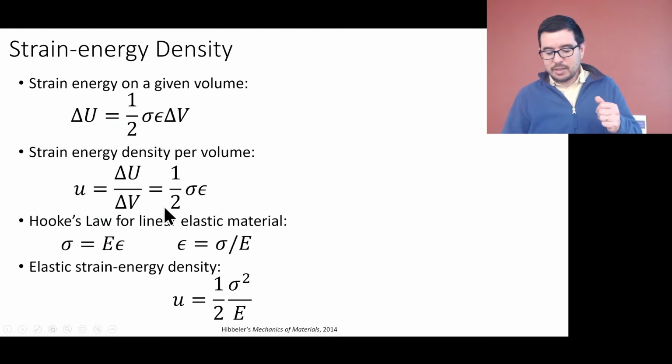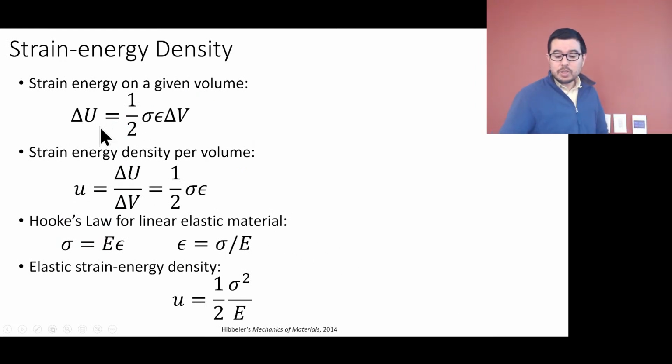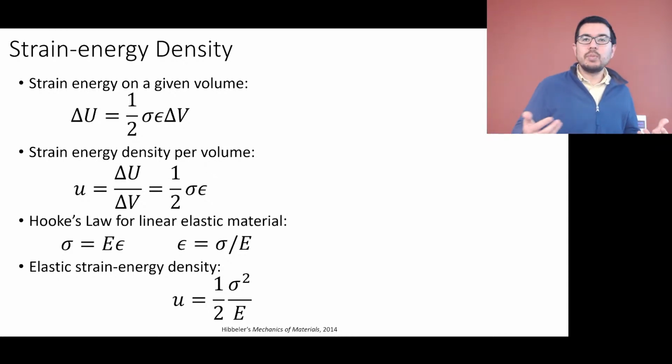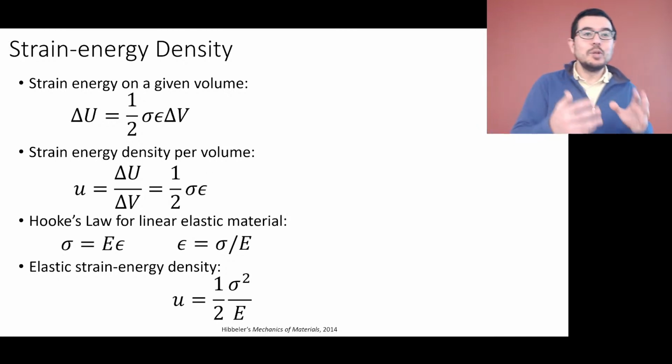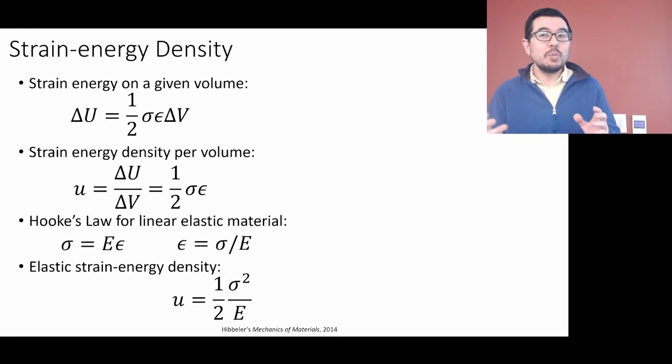If this is copied exactly what we had before, we have the strain energy on a given volume, and now we can say strain energy density, per volume. That's joule per meter cubed, or Newton meter per meter cubed, or Newton per meter squared.